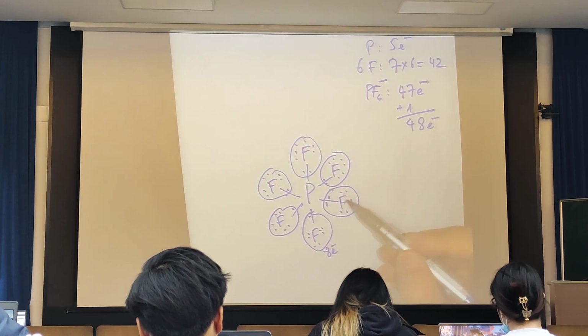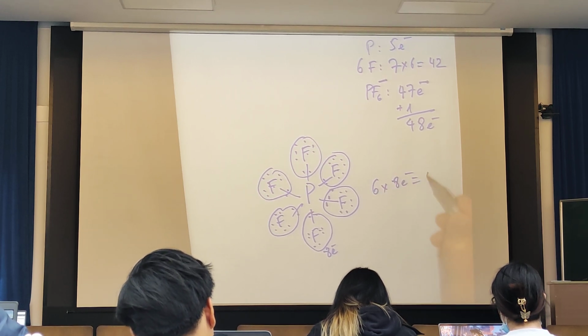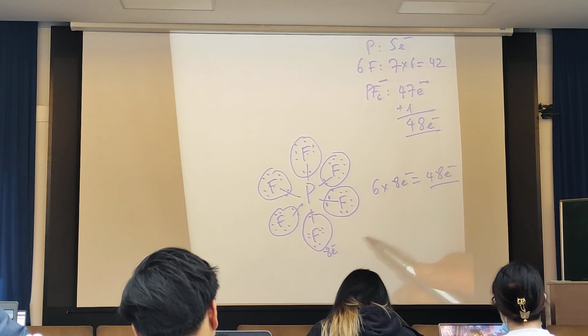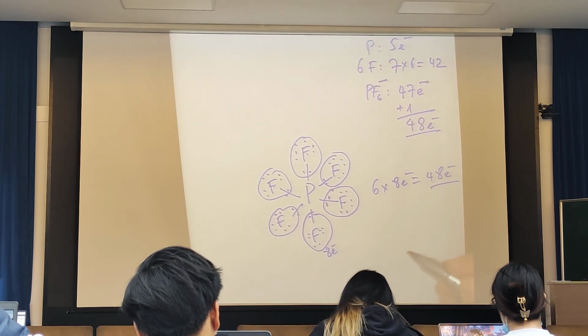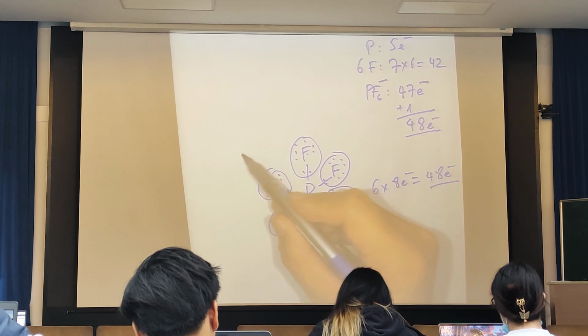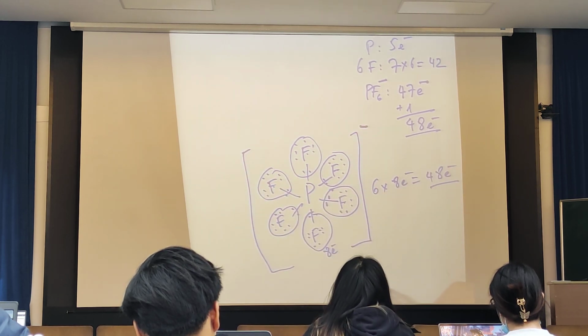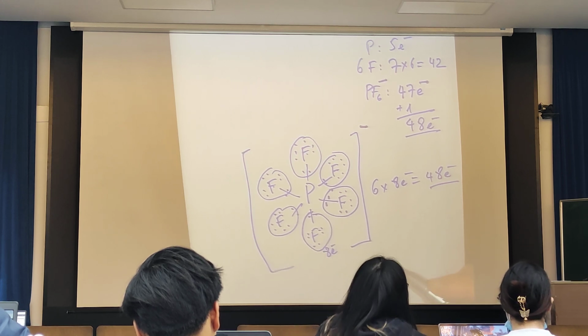So it does 1, 2, 3, 4, 5, 6. 6 times 8 equals 48 electrons. So exactly the total electrons you have in the anion. Okay? So you have no more electrons left over for the phosphorus. And because this is an anion, you put it like this. Okay? Because you have one negative charge on the compound.